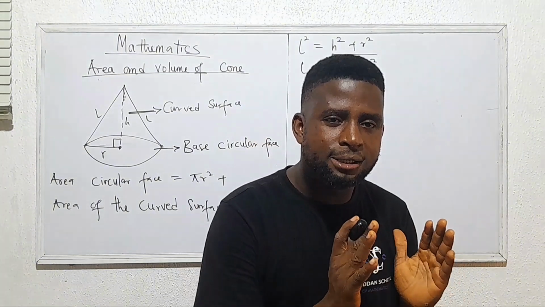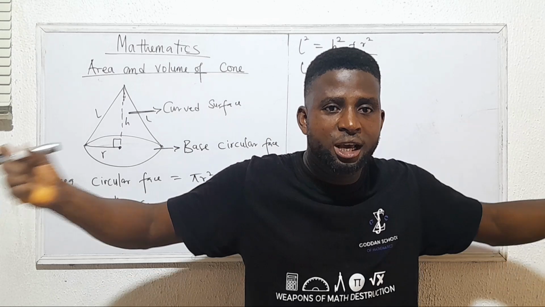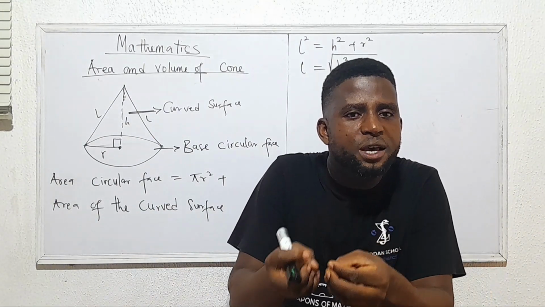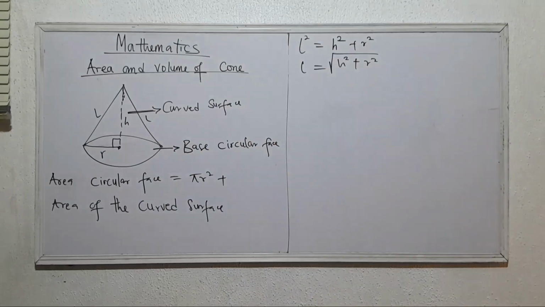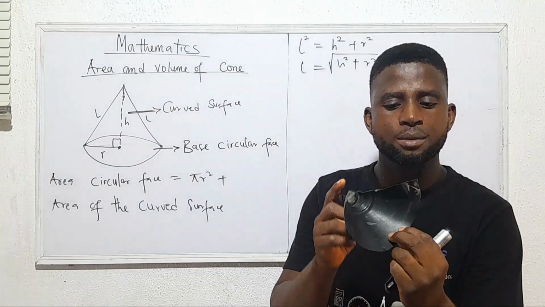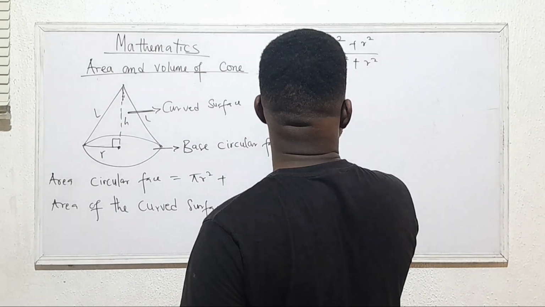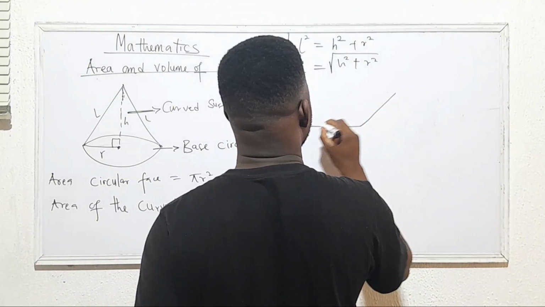In our last class, the curved surface of a cylinder, when stretched, gives us a rectangle. Now, the curved surface of the cone, when stretched, gives us a shape like this, which is an arc of a circle. That is, we have something like this.